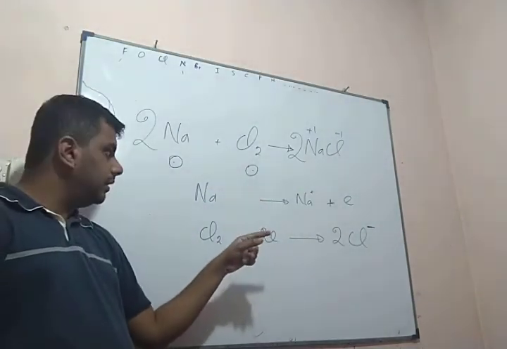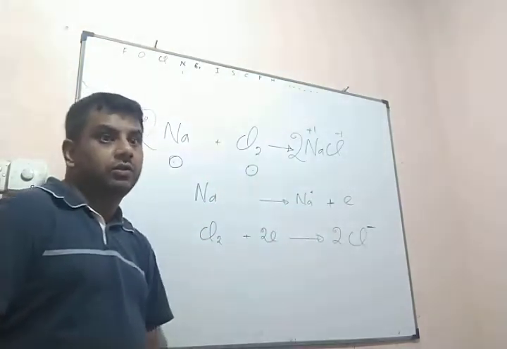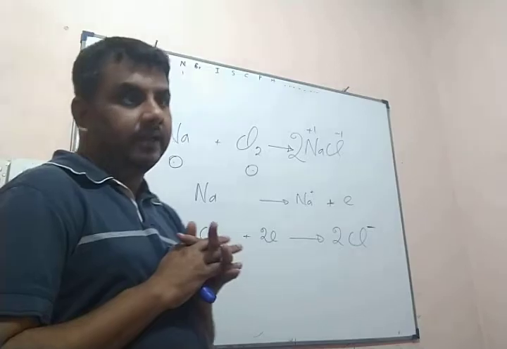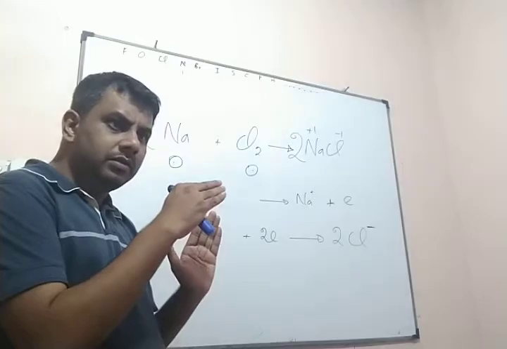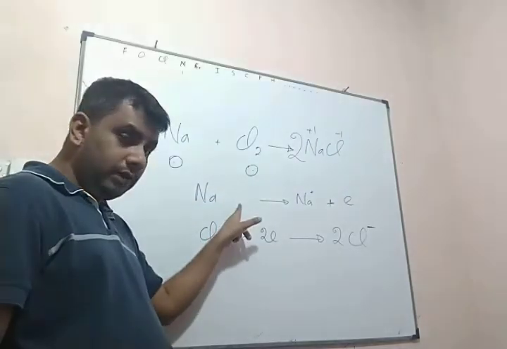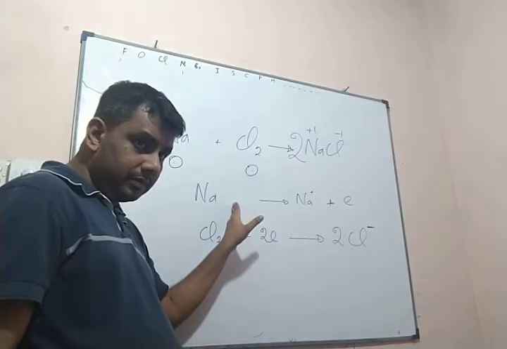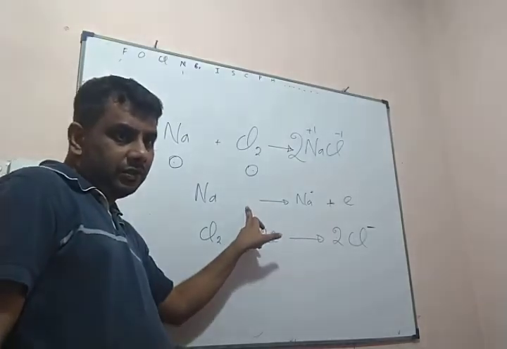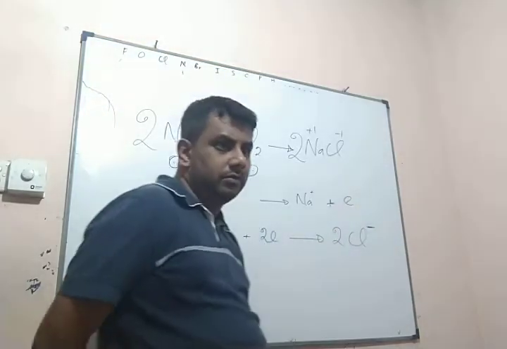Chlorine plus 2 electrons, and you can add sodium minus electron Na plus. But normally we don't put minus in a chemical reaction. Minus 2 electrons: the arrow is like an equal sign, so you should bring that minus 2 electrons across, so plus 2 electrons.